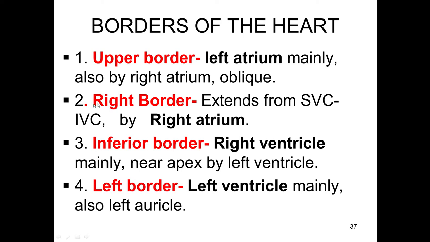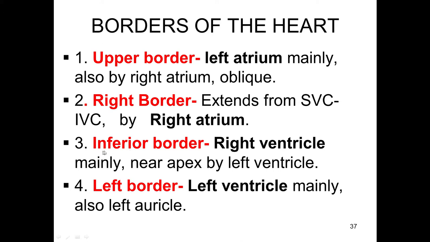While the right border is formed by the right atrium and it extends from superior vena cava to inferior vena cava, and it is more or less vertical. So right border by right atrium, upper border by left atrium mainly.